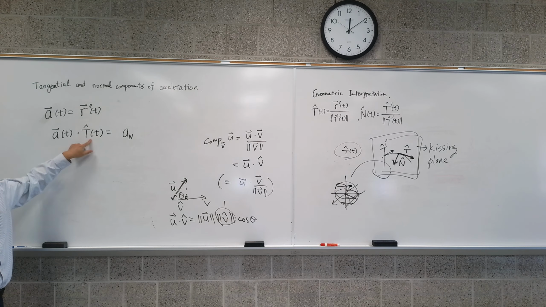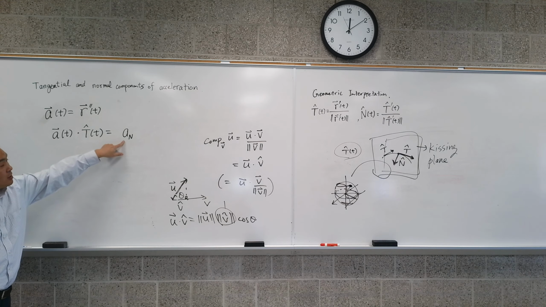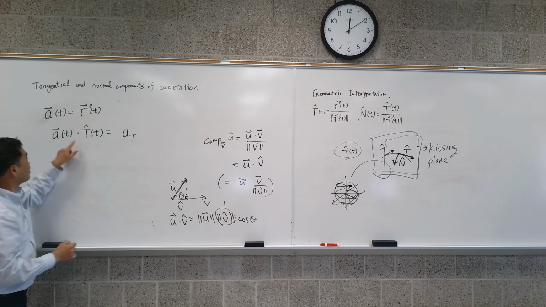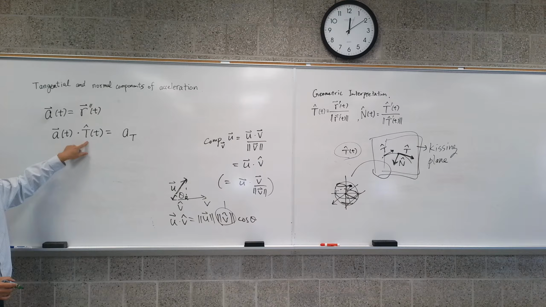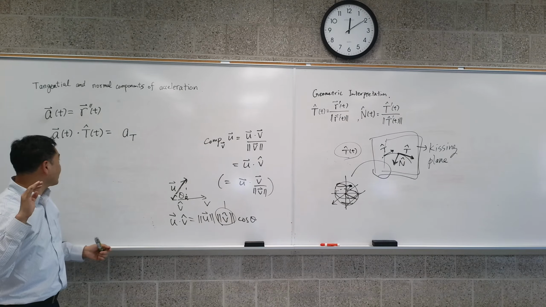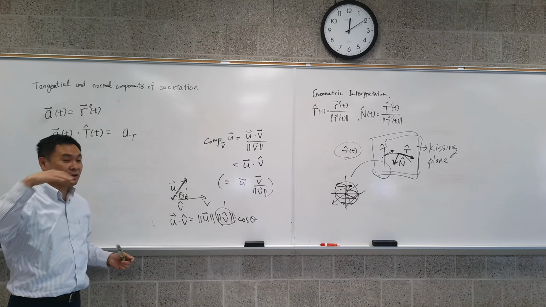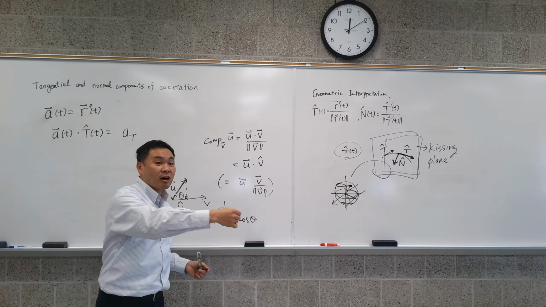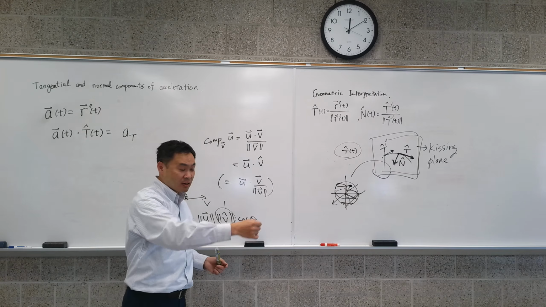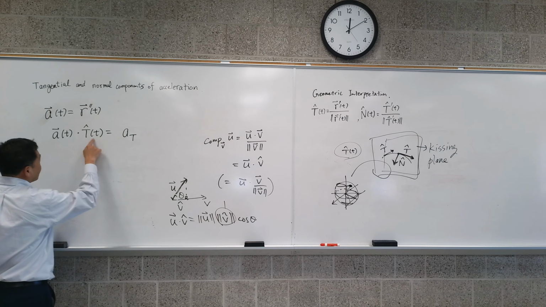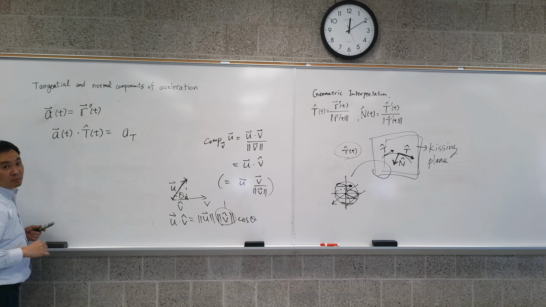So look at what's happening here. This is already a unit vector. So if you want to pick up the component of a in the tangential direction, you just dot it with t. So what does that mean? If a particle is speeding up as it's moving, then it's going to have a tangential part.